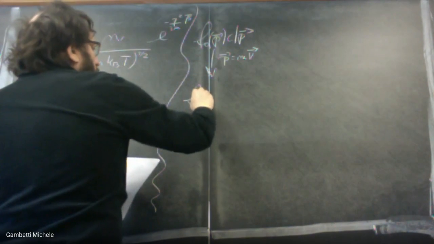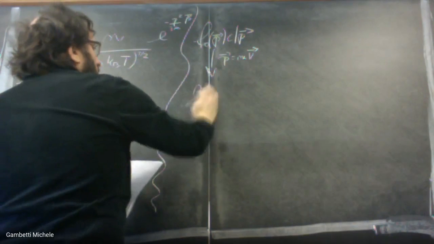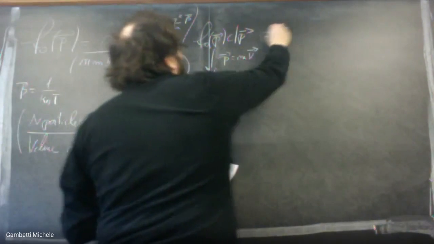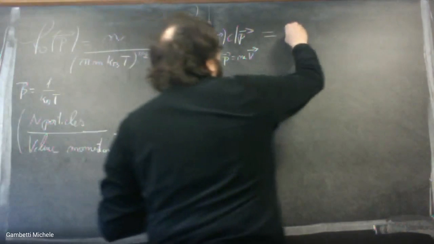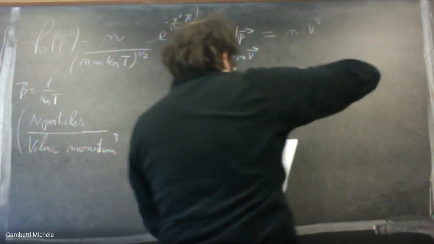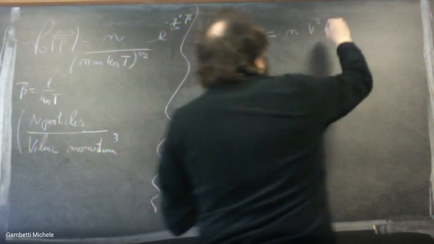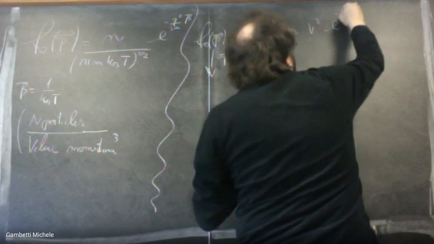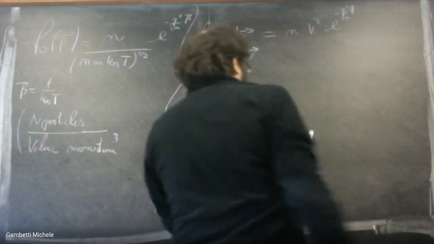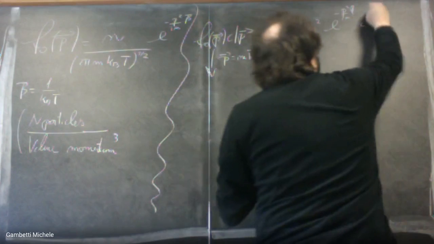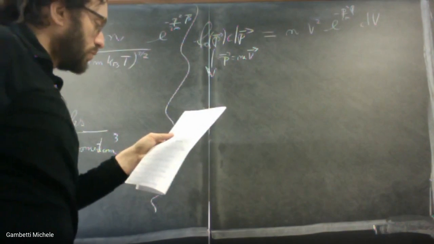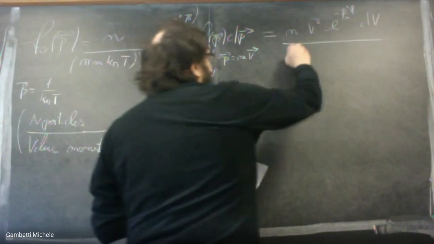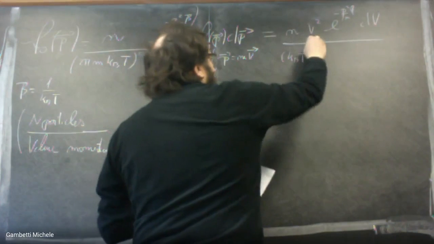Then I get that this quantity, well, if I have to compute, for instance, okay, let me put first this here. So these are n. Then I have a v squared and the exponential, then I have dv, and then I have a kBT to the power of 3/2.